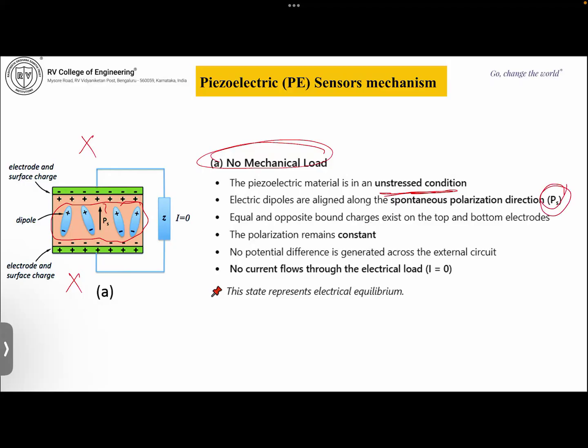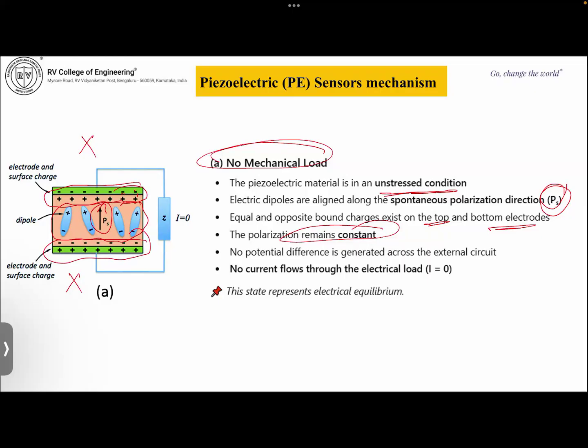This is the internal property of that material. This is how the dipoles are aligned in the absence of stress. So equal and opposite bound charges exist on the top and bottom electrodes, negative plus, negative plus, and negative plus. The polarization remains constant and uniform. So this charge is balanced here, and this charge is balanced here.